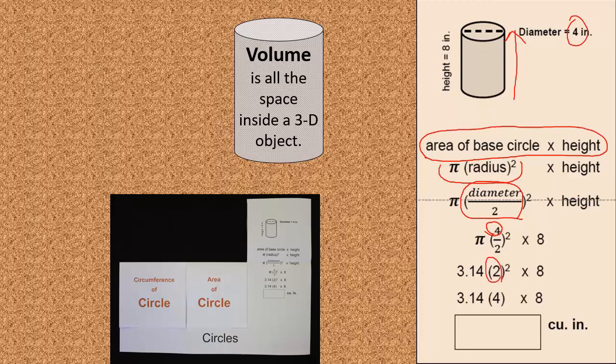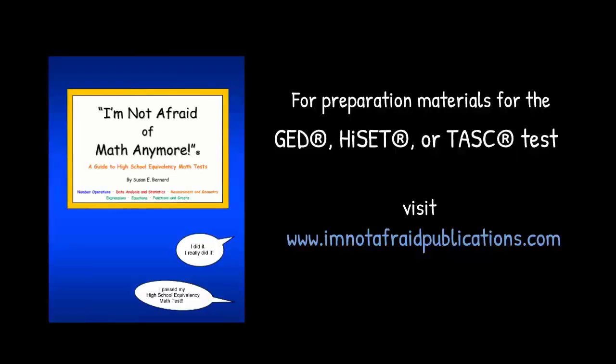Then we square it, and we're back to 4. 3.14 times 4 times 8 will give us an answer of 100.48. Volume is always measured in cubic inches, cubes of space, even when it's going into a round cylinder.